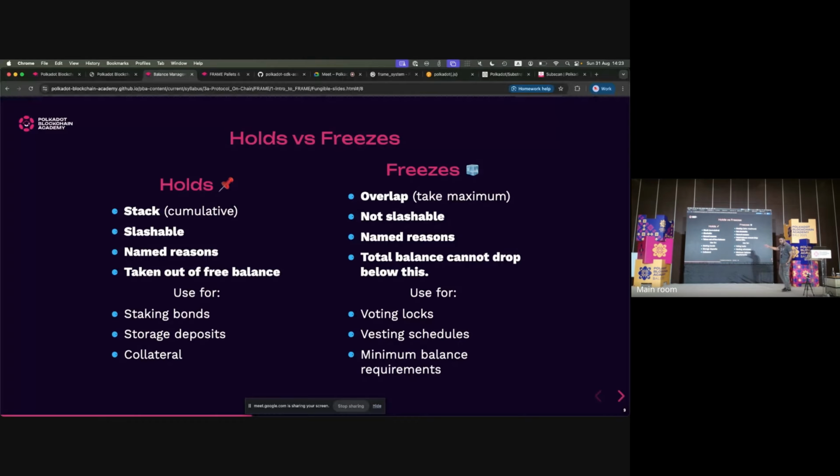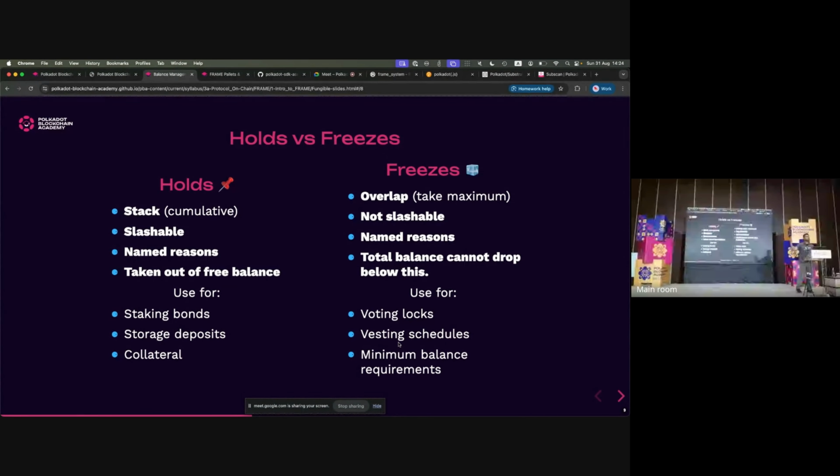Yeah, vesting is also a pretty good use case where you don't want someone to spend their balance, but you don't want to hold them. They can use that balance to do other things, probably. There is actually one case in nomination pool, which is an extension of staking, where we do have a higher balance requirement because we want some account to be provided by some provider, which should maintain some minimum balance.